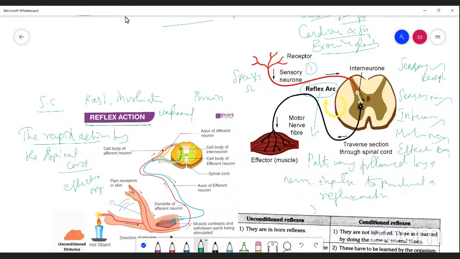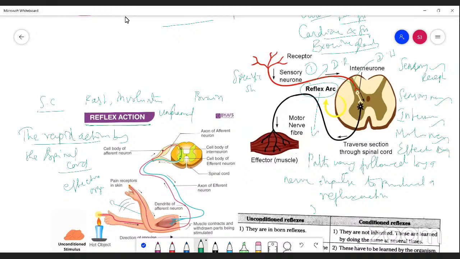Next, the sensory neuron. This neuron takes the sensory impulses to the gray matter, as I already told you. That means the dorsal root is terminated with the sensory neuron. So it reaches the gray matter of the spinal cord through the dorsal root of the spinal cord. This root is known as what? Dorsal root.